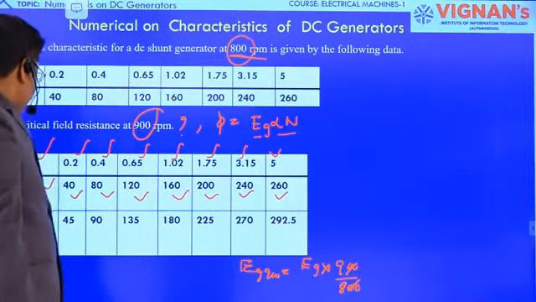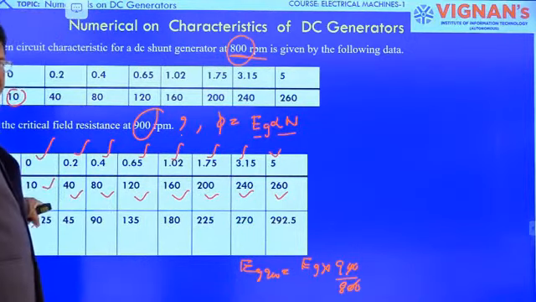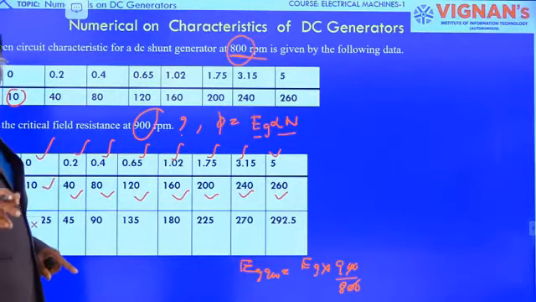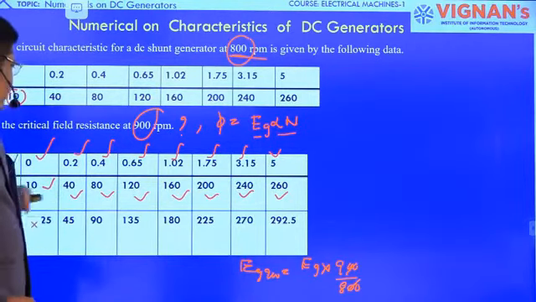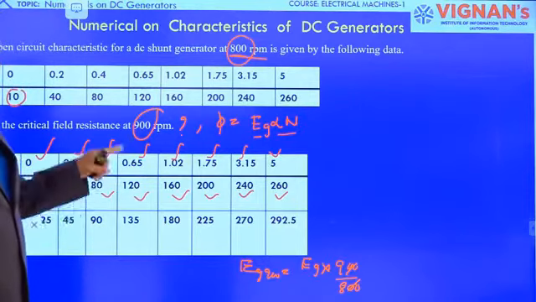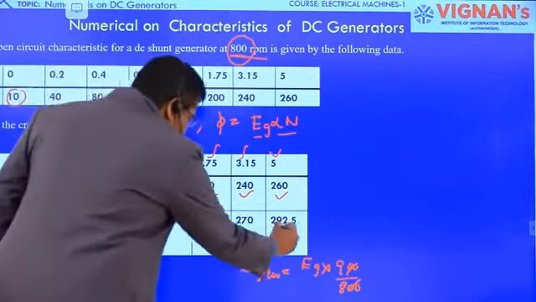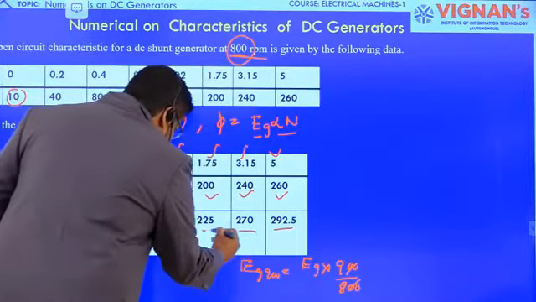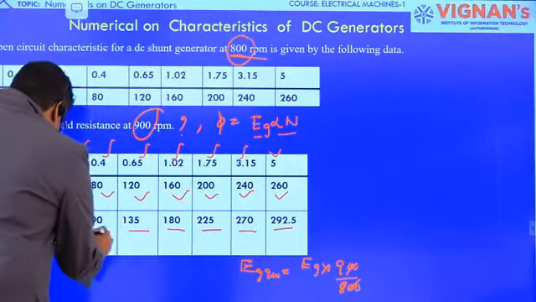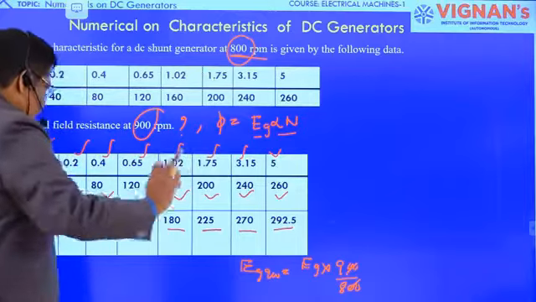So if you want to find the voltage at 900, you have to multiply every value at 800 by 1.125, and you get all these values. Already I have calculated all these values.